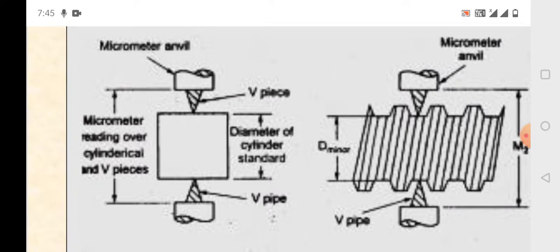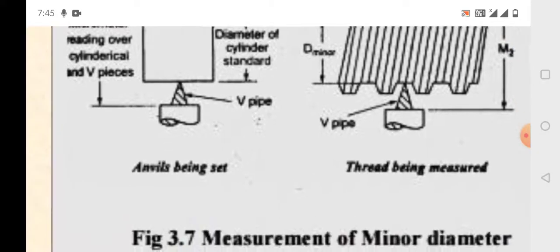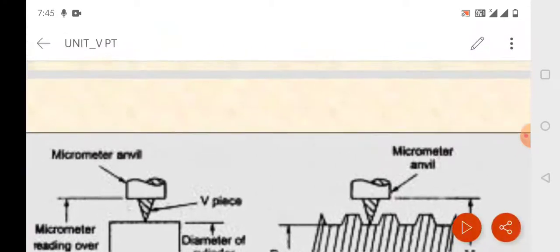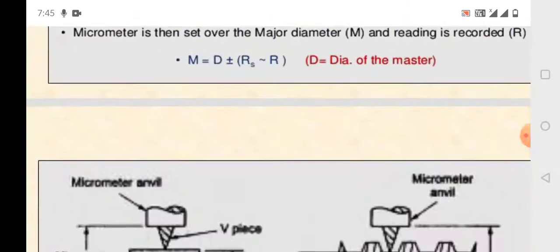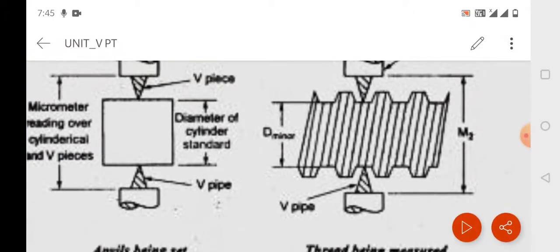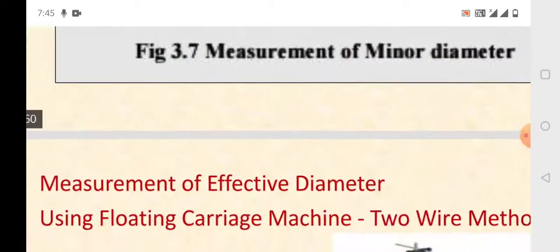First the standard diameter cylinder is held between the anvils and then the threaded one. This is the same as what we observed in the process for major diameter. The minor diameter can be checked by the same process. The only difference is that the anvils are pointed, V shaped.